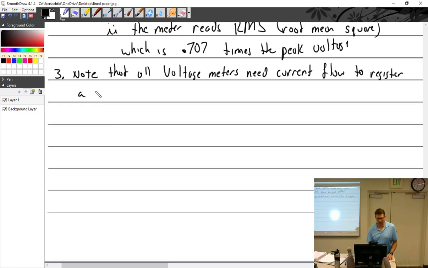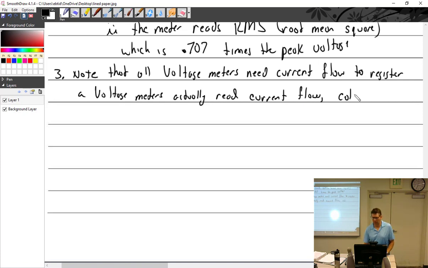So voltage meters actually read current flow. Actually read current. Current flow is a little redundant, but I said it, so current flow.